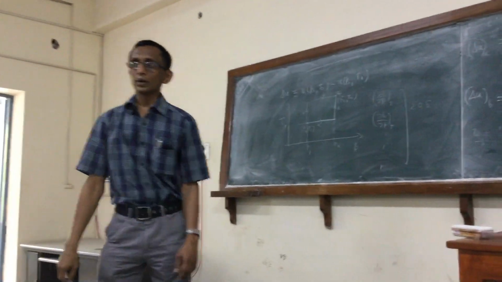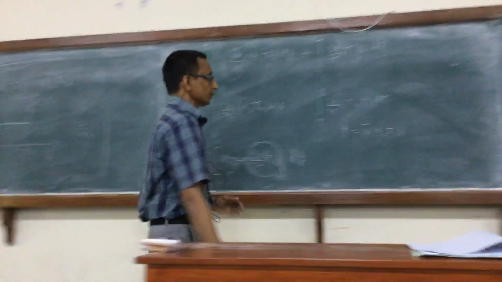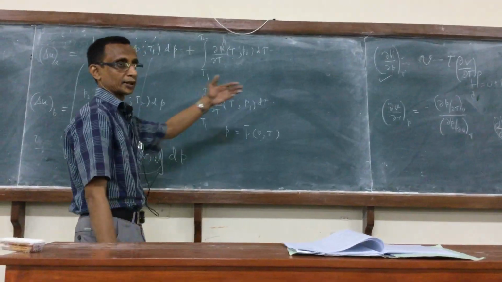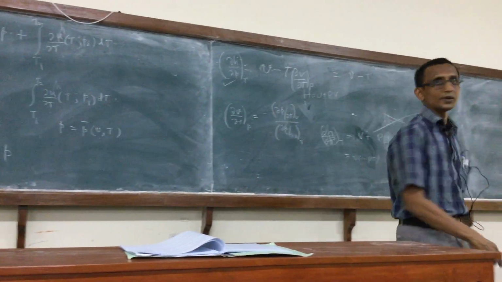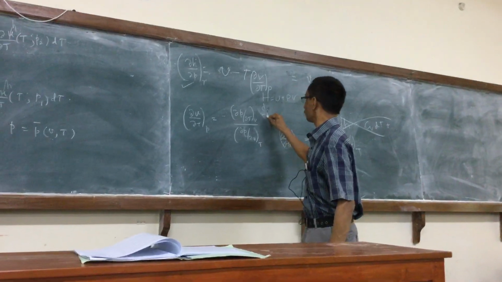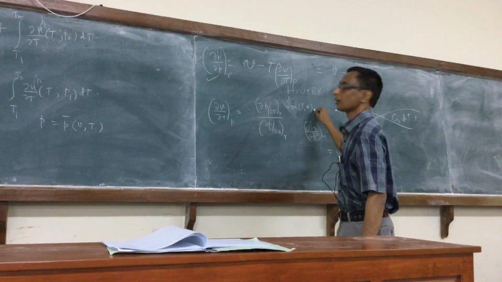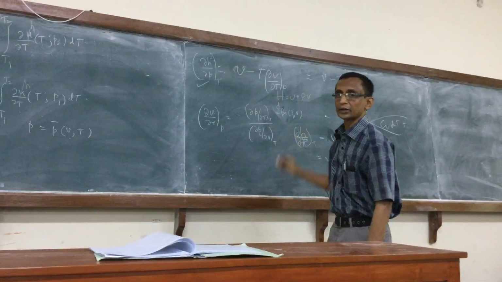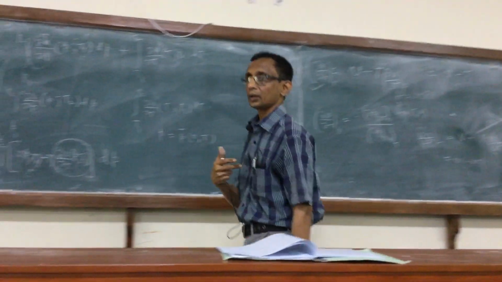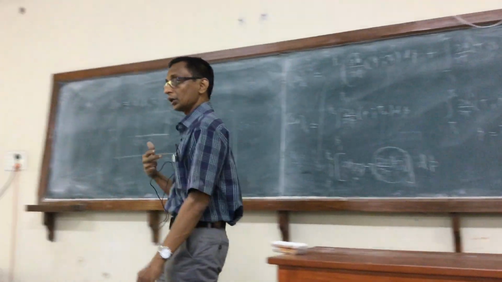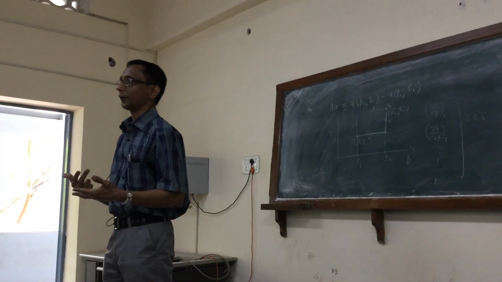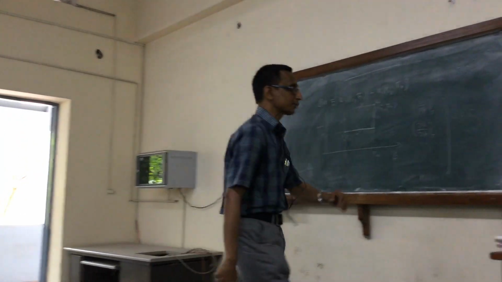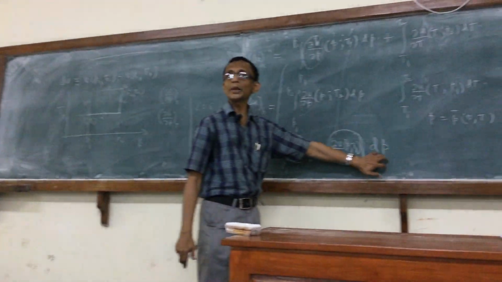So now what I have done is converted this to a pressure explicit form, but now this function is a function of T and V. Of course, it would have to be evaluated at T1, but I have converted the function into a pressure explicit form, which is now a function of V rather than P. But this is an integral over P.